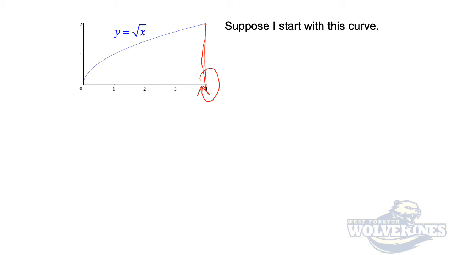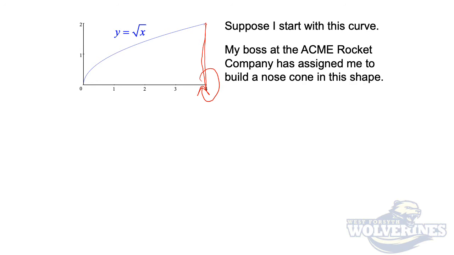Let's say we've got this root x curve, and we're trying to design a cone for a rocket. If you think about the nose of a rocket or an airplane, it's this curved shape, just like the end of it.